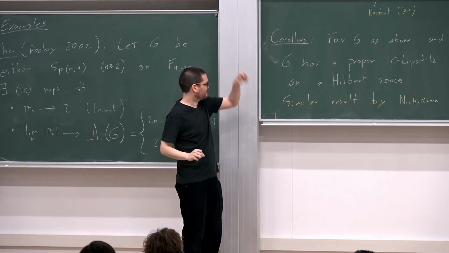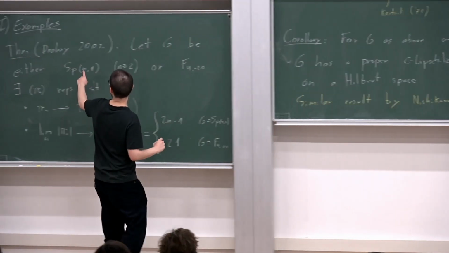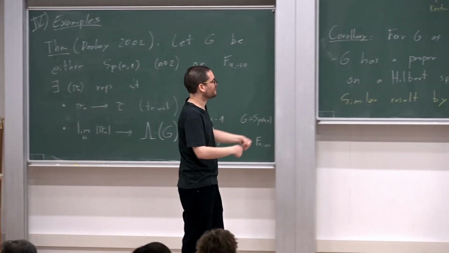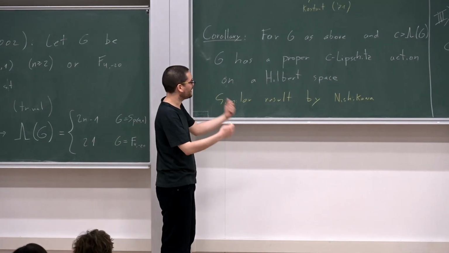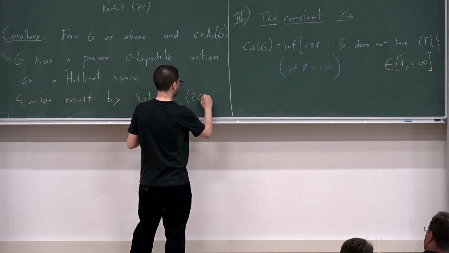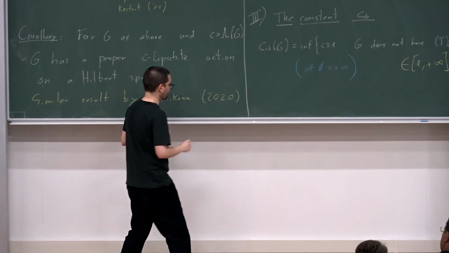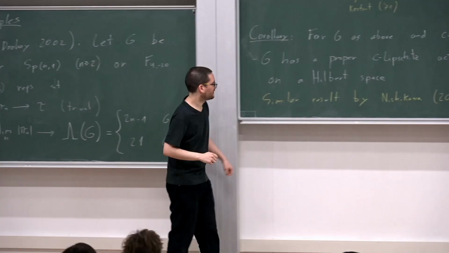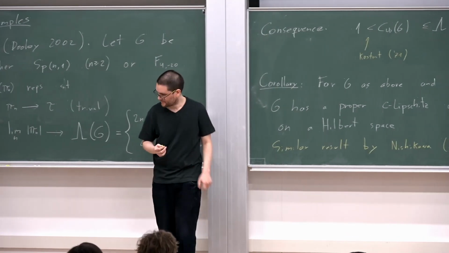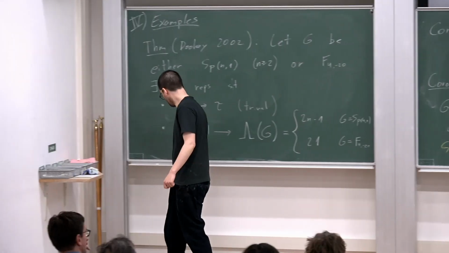He does all the work: he doesn't use this result by Dooley, he constructs the representation, the cocycle and the action.